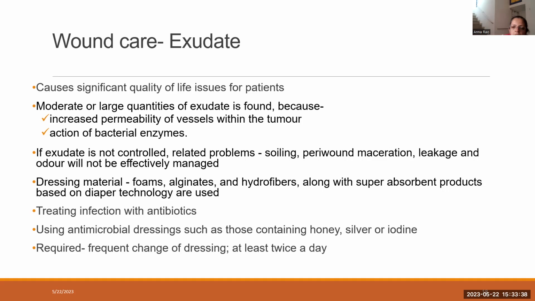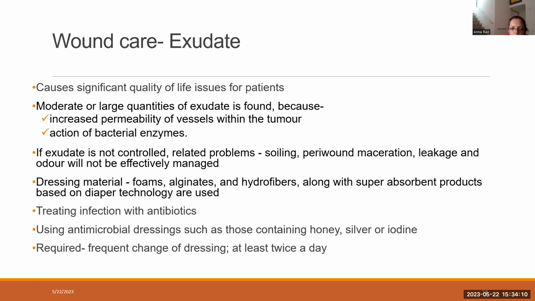They are quite a bit more absorbent, so a small dressing will absorb a large amount of exudate from the wound, and the dressing will not be so bulky. Okay, so cutting a diaper or even sanitary pads in the same shape as the wound and keeping it over the wound will help.